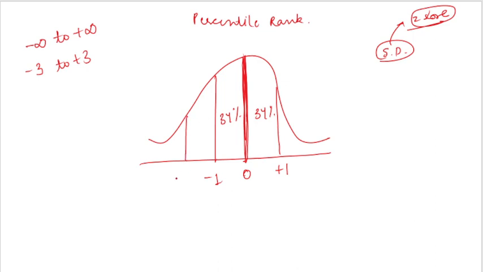In the second standard deviation, there would be 14% of the people. Mind you, I am talking about the sample here, not the population. Population is in the pointers, but we need to know only about the sample. The question will be asked from this particular aspect only. Okay? And in the third standard deviation, there are 2% of the people. So the third 2% of the people are here.